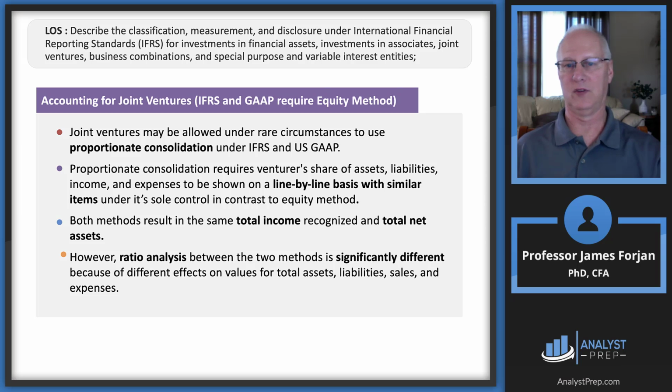And this is in contrast to the equity method. Now, of course, both methods are going to result in the same total income recognized and same total net assets. And that makes perfect sense, right? I mean, you wouldn't want these two different methods to result in very different outcomes. However, because we're doing line by line, ratio analysis might be different.